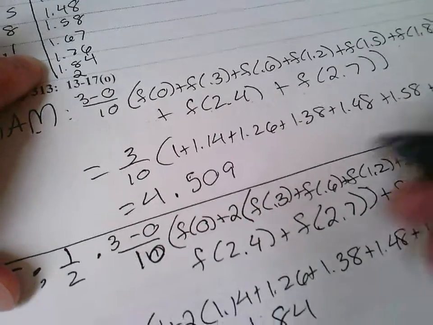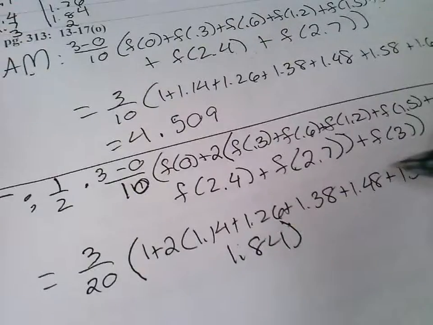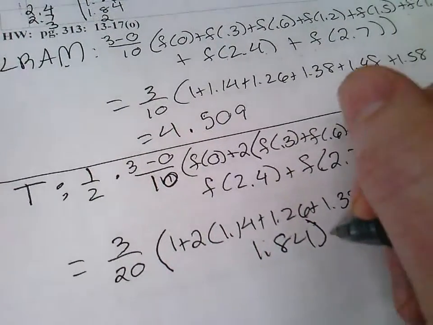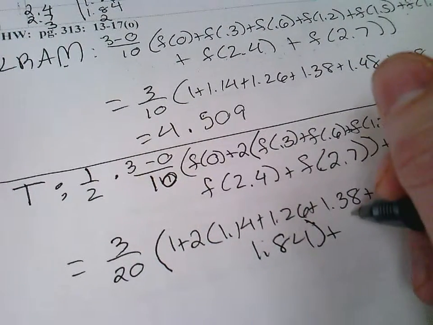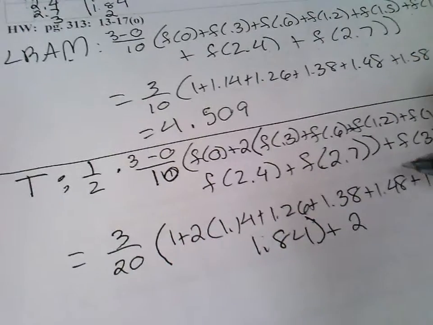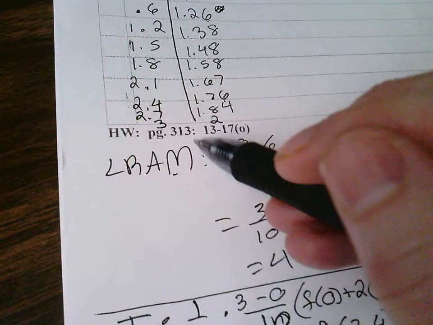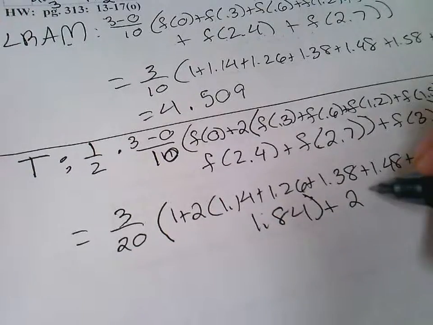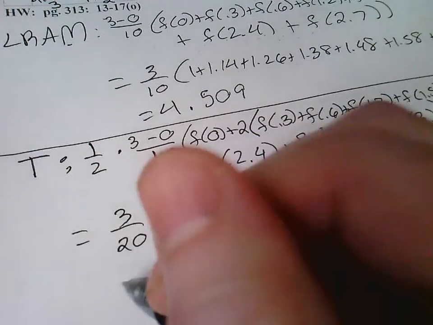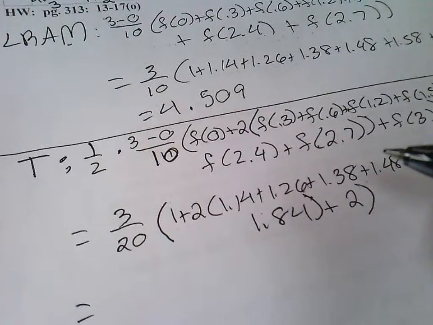Close parentheses because that's where it stops with multiplying by 2, and then add 2, since f of 3 is 2. And you get 4.659.